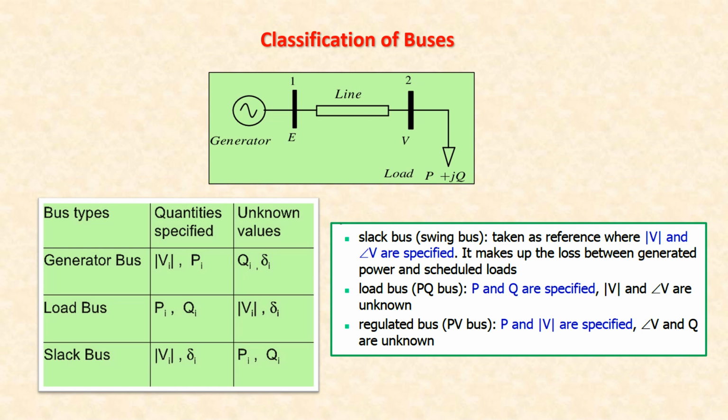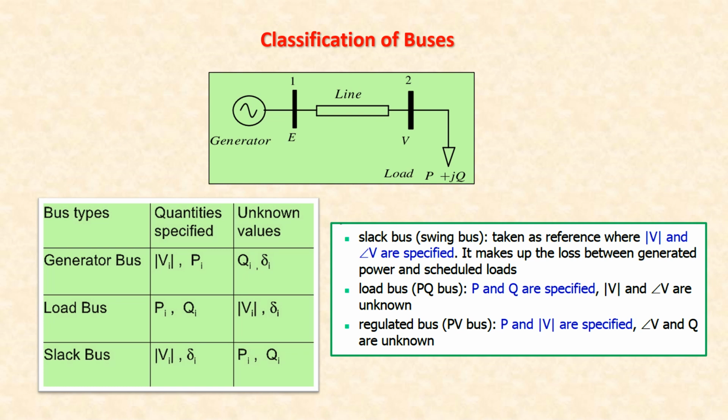Apart from PV bus and PQ bus, there is one bus in the system which is known as the slack bus or swing bus. This bus is taken as a reference where the magnitude and phase angle of the voltage are specified, and this bus makes up the difference between the scheduled loads and the generated power that is caused by the losses in the network.